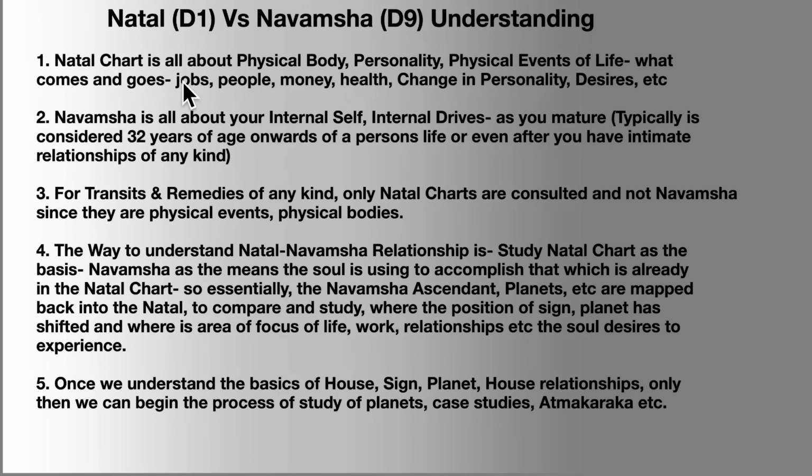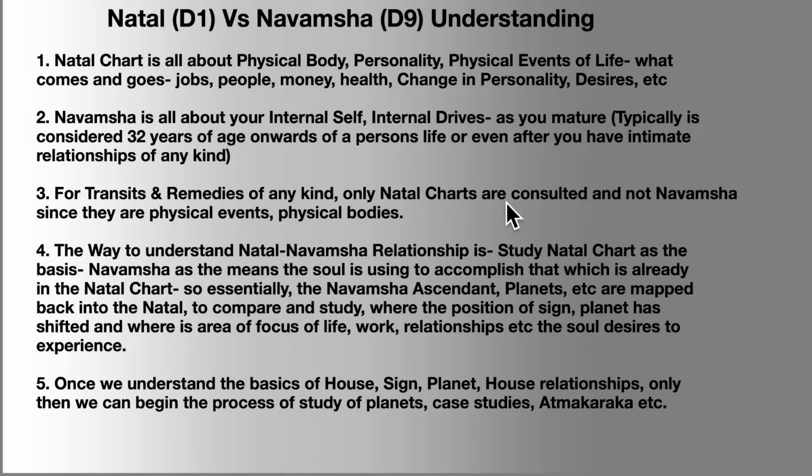What is natal versus Navamsha? Number 1. The natal chart is all about the physical body, personality, physical events of life, everything that is physical. Even the 1 to 12 houses stand for specific places in the human body. For example, Pisces stands for feet, Aries stands for head, and everything in between stands from head to feet.